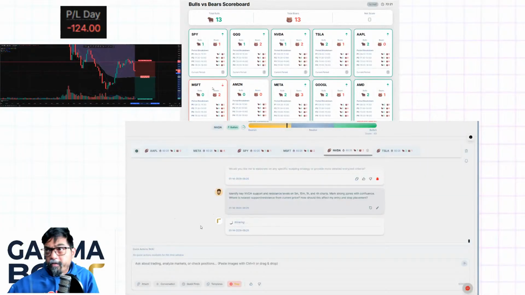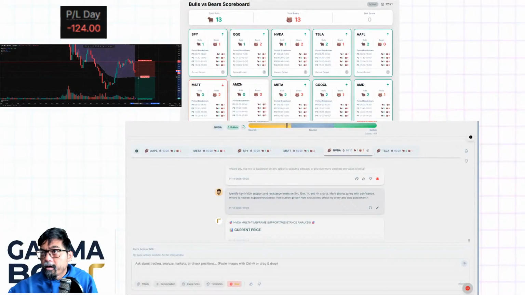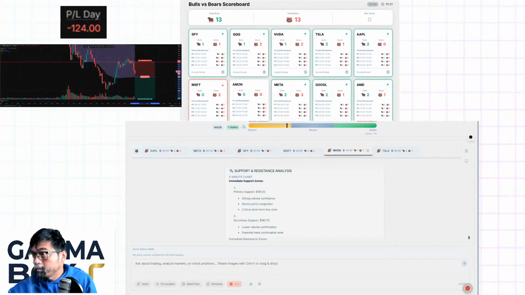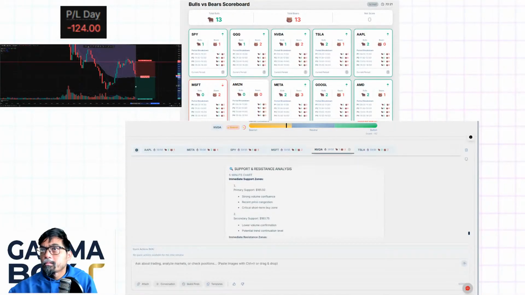If it breaks through 185, yeah, if it breaks through that 181.50 and it holds, I'll probably get back in and wait for a pullback.